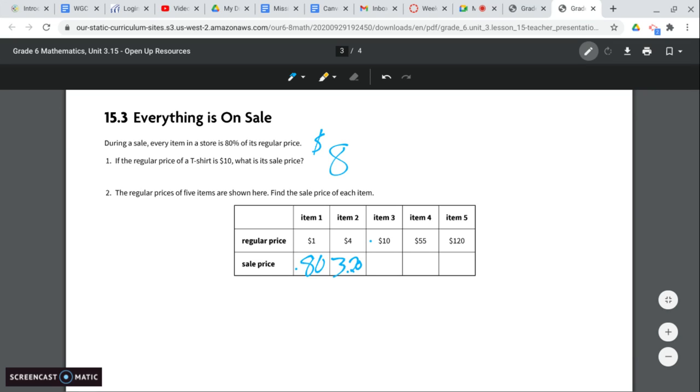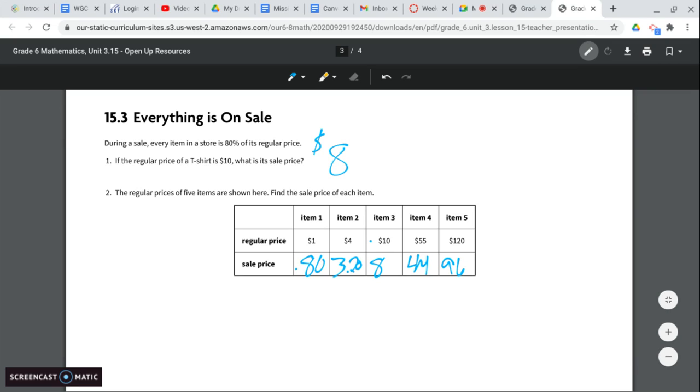If it's 10, multiply 0.8 by 10, we get $8. Multiply 80 cents by 55, we get 44. And multiply 80 cents by 120, and we get 96.